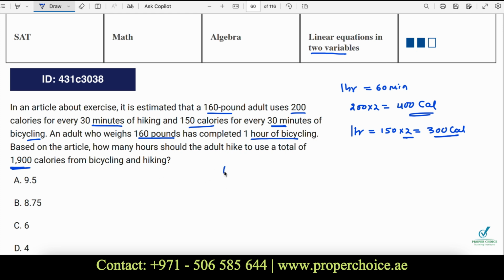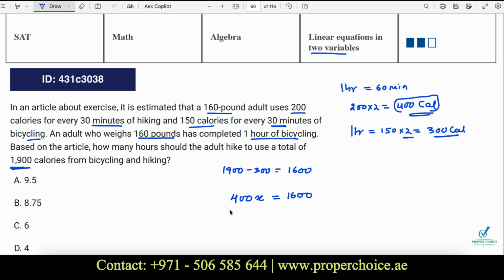So 1900 minus 300, that is 1600 calories left, and per hour a person is going to use 400 calories. So how many hours is he going to last? It's going to be 400 multiplied by x number of hours. This is the total calories he could use for the hiking. That should be equal to 1600.